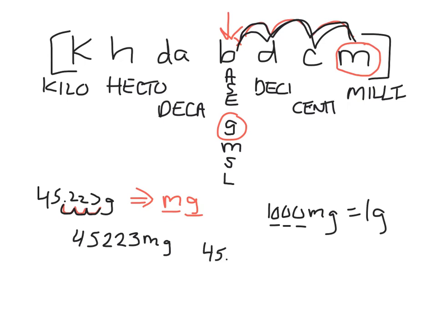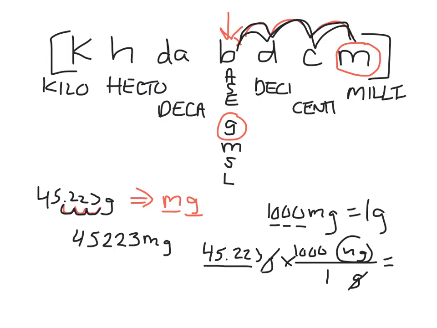So for example, if I had 45.223 grams and I wanted to get rid of grams, I'd put it on the bottom, and I wanted to get it in milligrams, I'd put it on top. Now I'd have to use a conversion factor or an equivalent to show how much they're equal to. Well, if for every 1 gram there's 1,000, my units of grams cancel out and I'm left with milligrams. And in the end, I do 45.223 times 1,000, which ends up getting me this same answer over here.